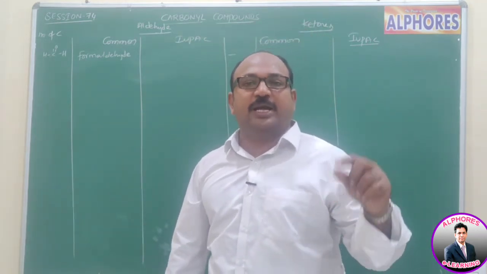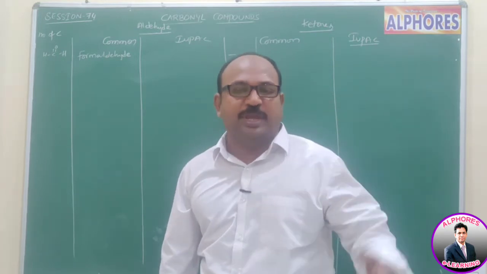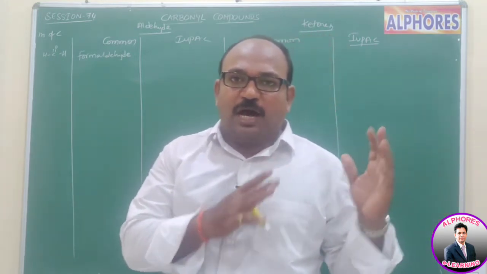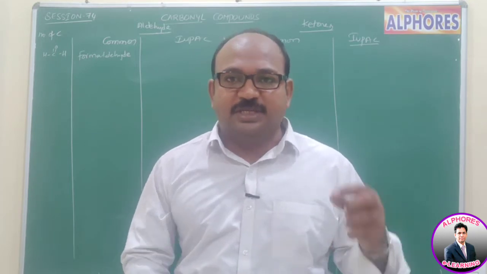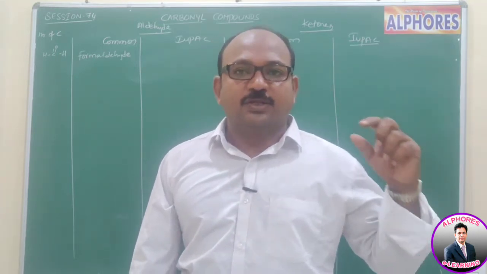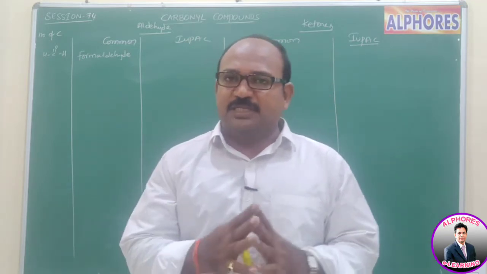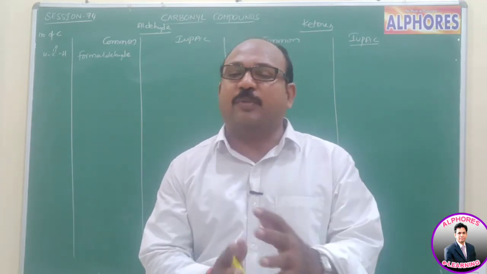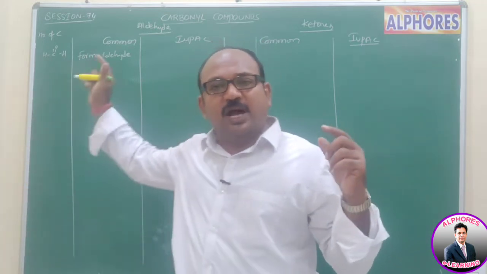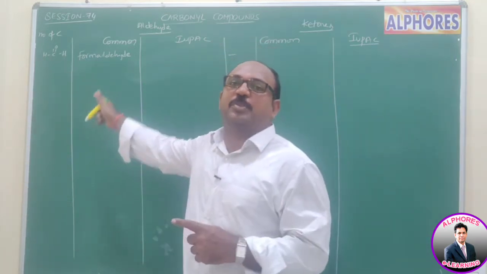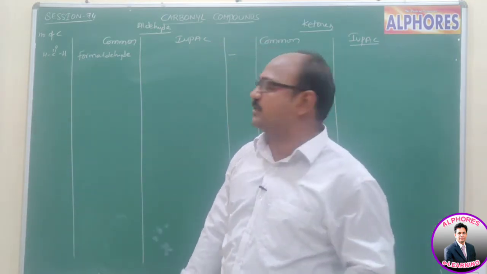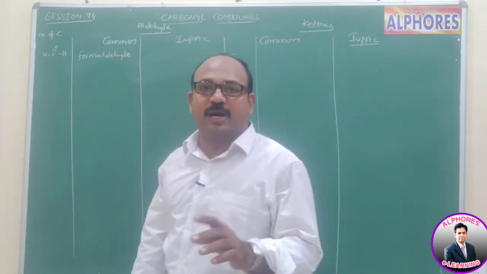The one carbon containing acid is called formic acid, and formic acid gets its name because it is obtained in red ants. For red ants we say formicus. The acid obtained from formicus is called formic acid, and this is the aldehyde obtained by reduction of formic acid. That's why this aldehyde is called formaldehyde.